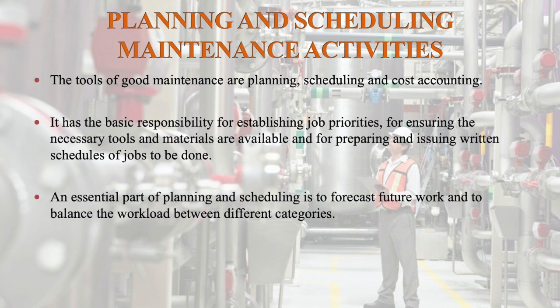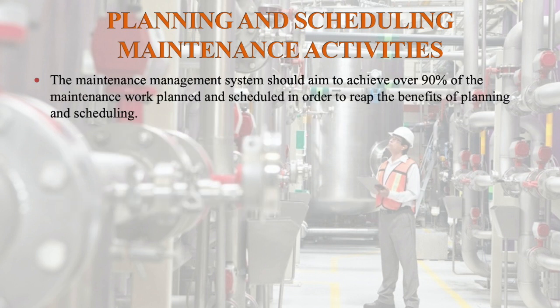An essential part of planning and scheduling is to forecast future work and to balance the workload between different categories. The maintenance management system should aim to achieve over 90% of the maintenance work planned and scheduled in order to reap the benefits of planning and scheduling.